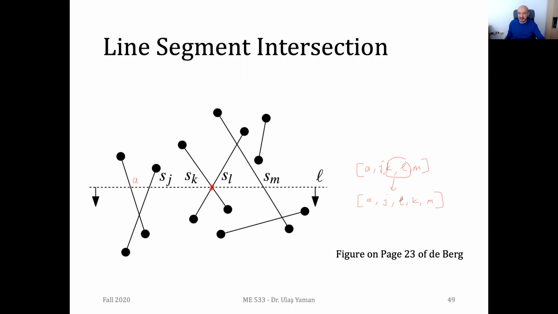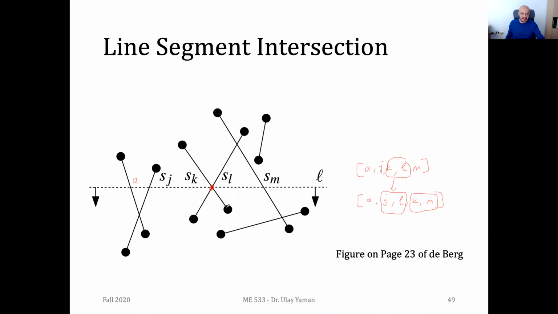So let's have a look at L. L should have been already tested with K, so we don't need to do any test with K. We are only going to test J and L. And another test should be performed between K and M, okay?